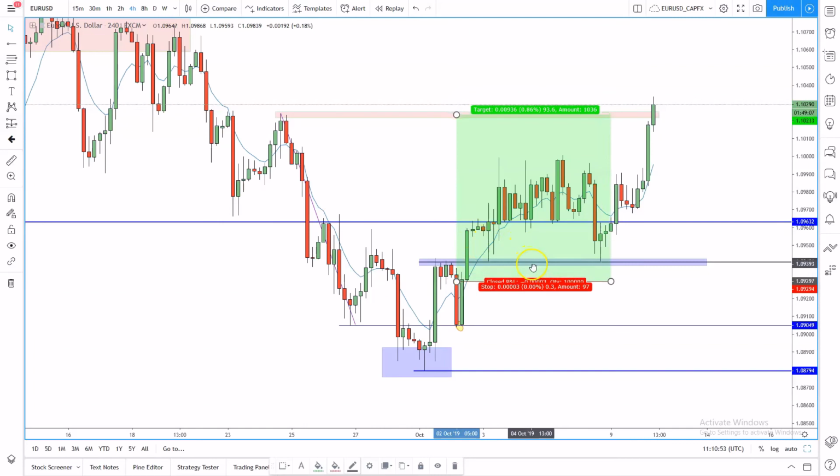So you could have taken more trades from here, and entered again at the close of that hammer candle, also targeting that region there. This is a pretty good trade setup.